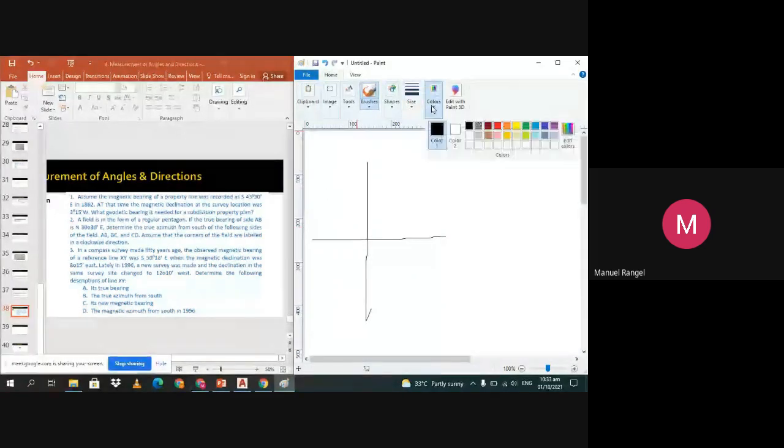So let's draw another meridian, the magnetic meridian. And this is the true north.